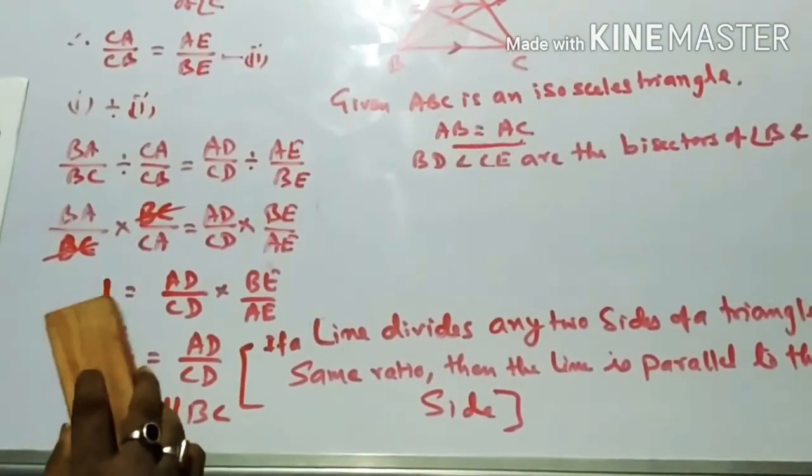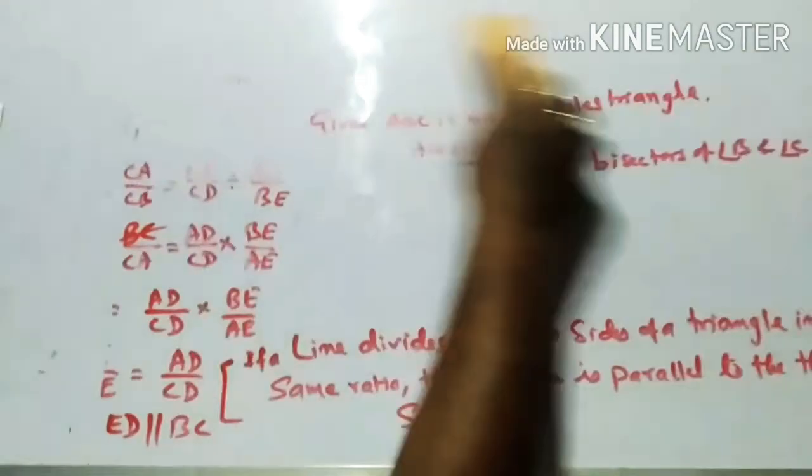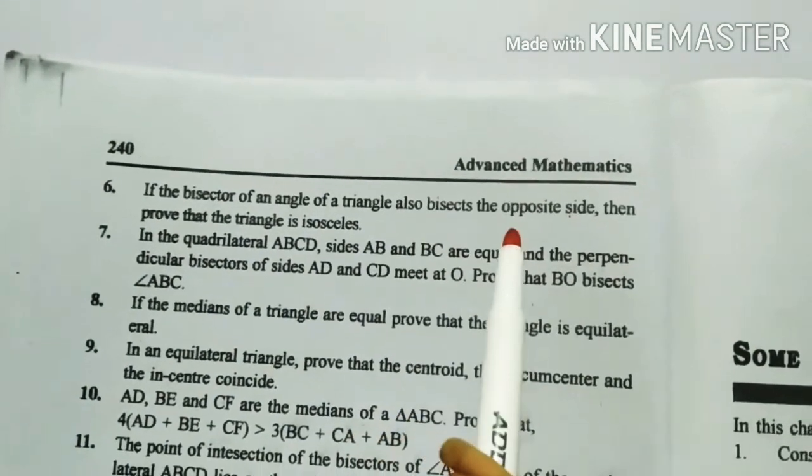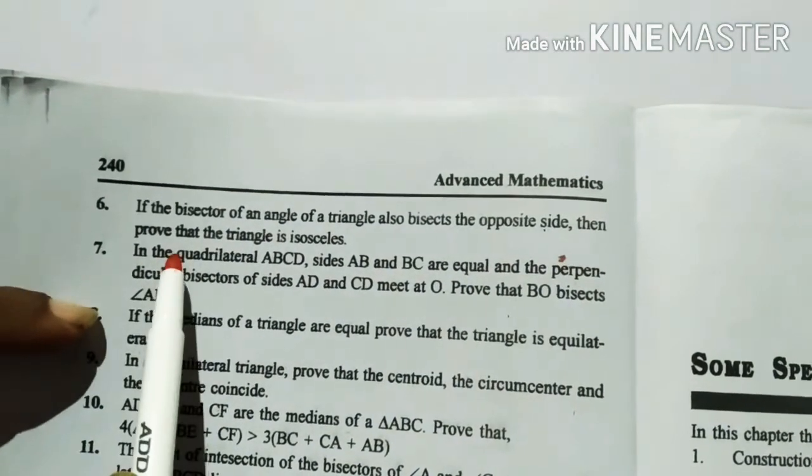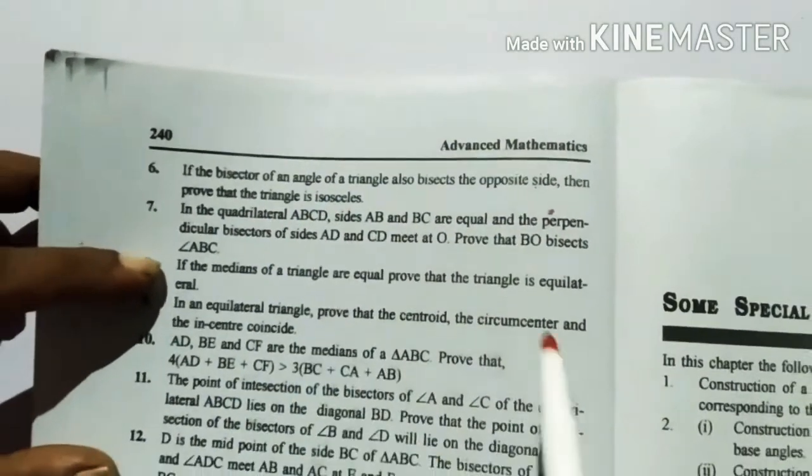Now I am going to question number 6. If the bisector of an angle of a triangle also bisects the opposite side, then prove that the triangle is isosceles.